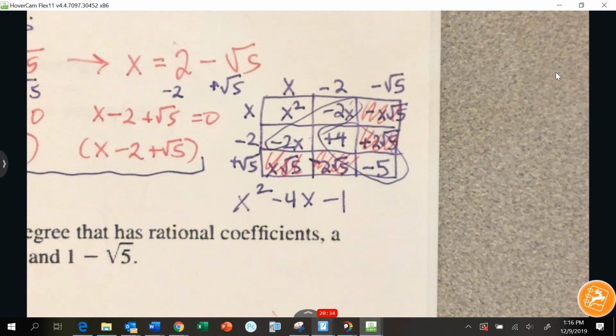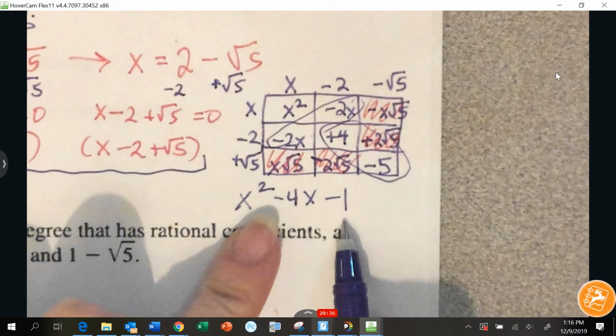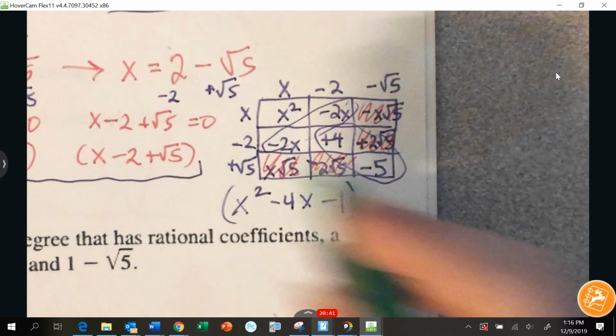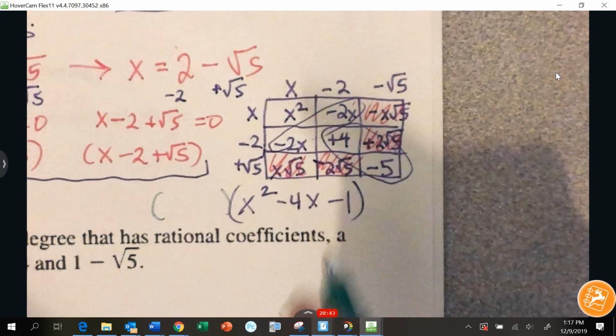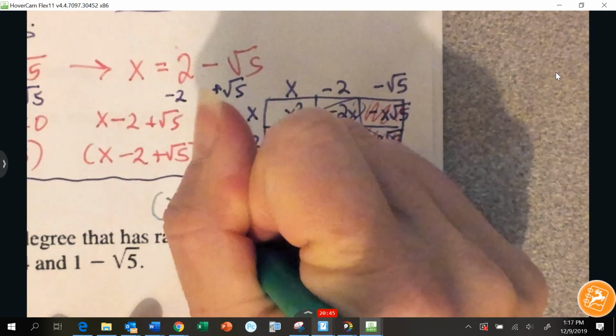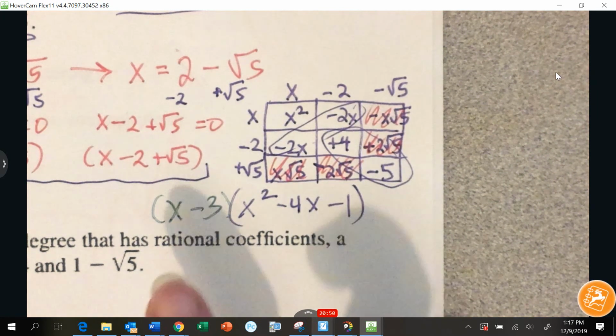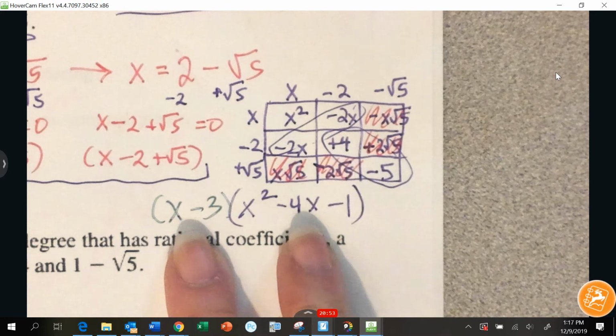So now all we have to do is multiply this answer by x minus 3. I'm not doing a very good job of placing my stuff on the paper to minimize the space I use up. How do we multiply a binomial times a trinomial?